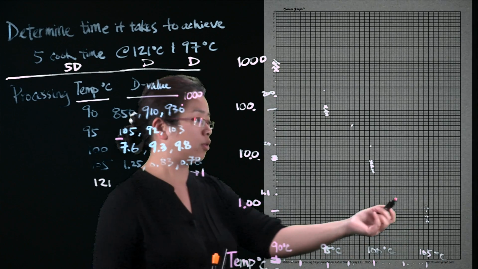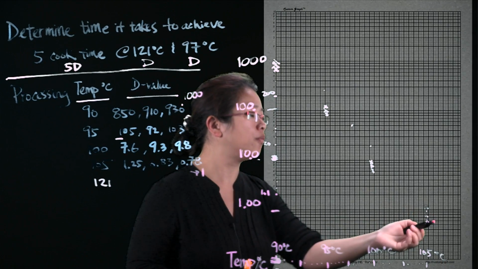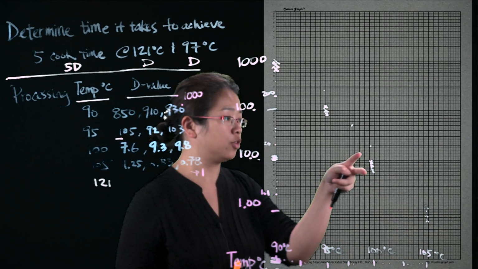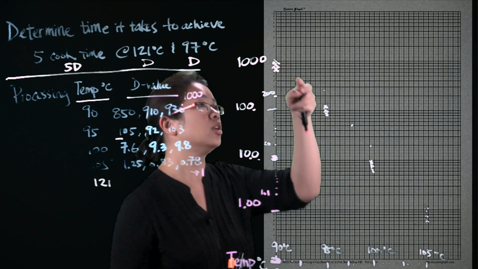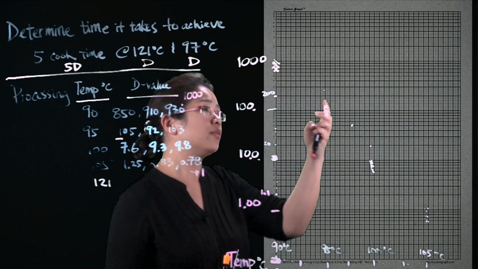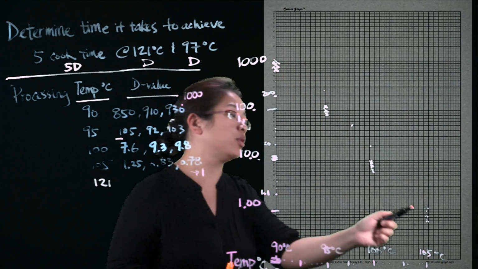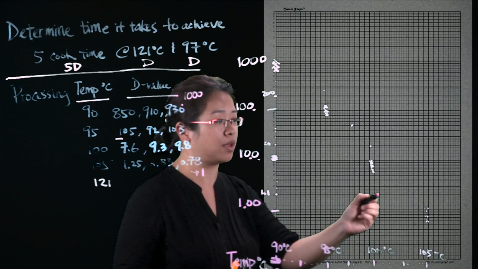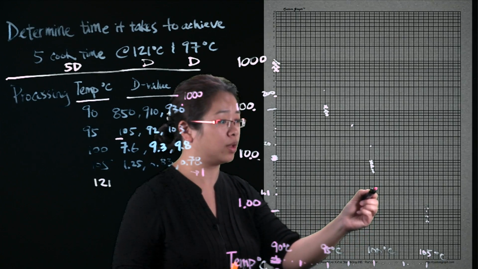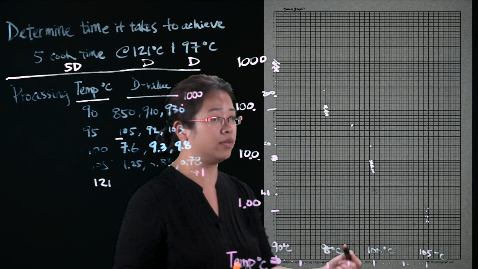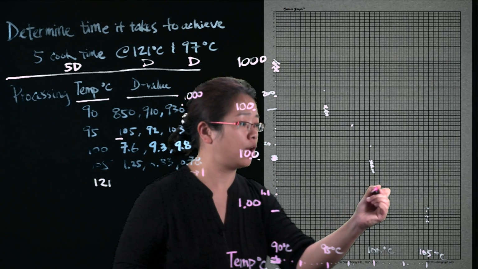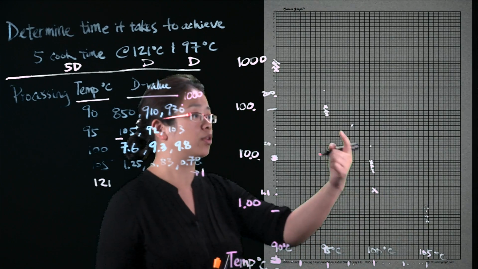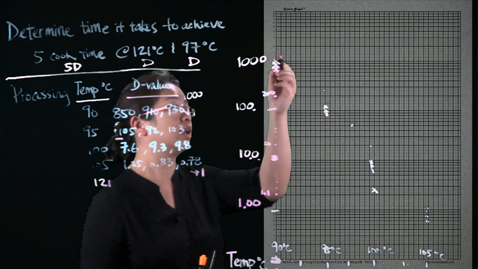A best fit curve is something that hopefully goes through the range of your data, trying to fit through most data points. There will be outliers in our experiment. It's not unusual to have one that is quite far out of your data set. But again, we will try to draw something that goes through our data set.